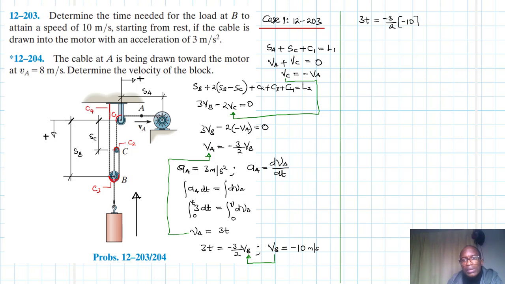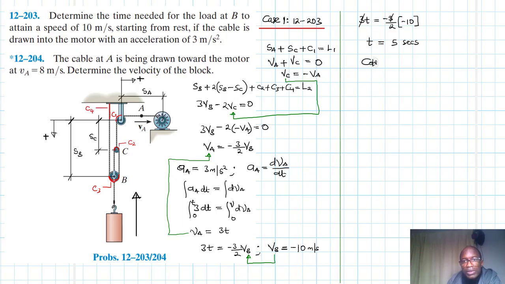Then the 3 and 3 cancel, minus and minus cancel, and therefore our t is just going to be equal to 5 seconds. So we found the time needed for the load at B to attain the speed of 10 meters per second. So we are done with the first case.